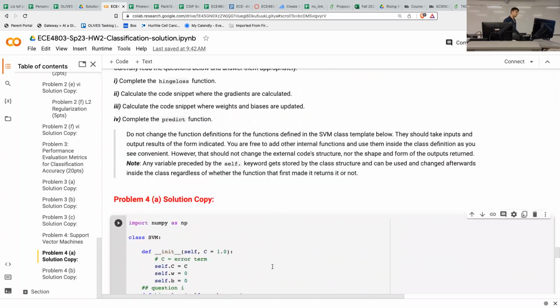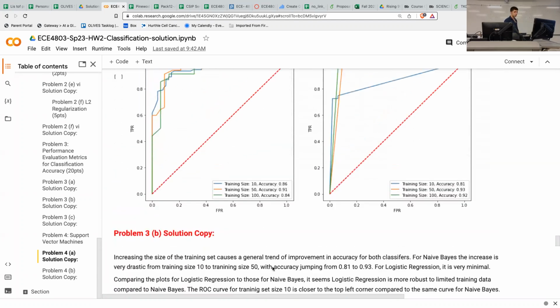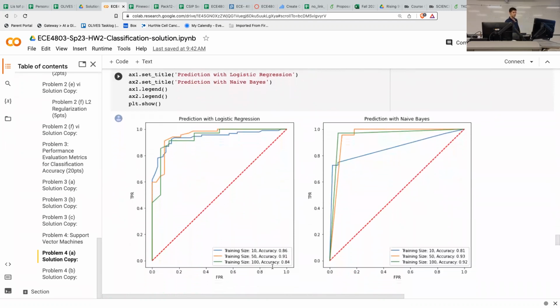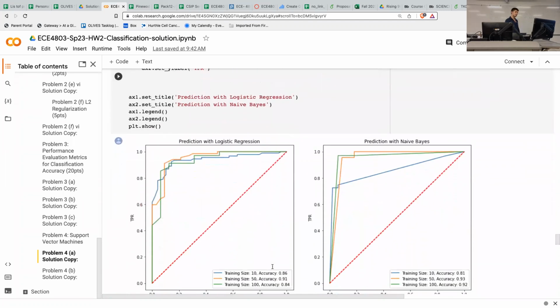For the other thing, some of the people had problems constructing the ROC curves. So what you had to do was select a number of thresholds, and then for every threshold, you would check every data sample, comparing its probability with your threshold. If the probability is larger than the threshold, you would assign it as 1. If it is smaller, you would assign it as -1, right?